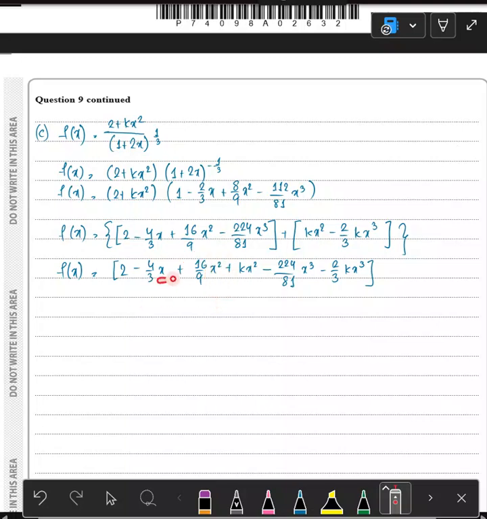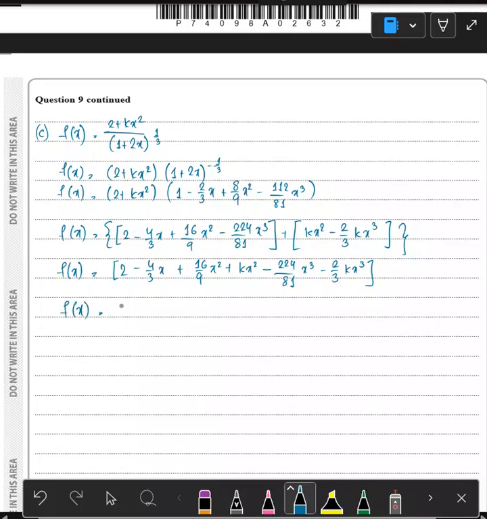So the coefficient of x is, for example, negative 4 by 3. The coefficient of x squared is positive 16 by 9. The coefficient of x cubed here, for example, is negative 224 by 81. Here I mean, not the expression. The coefficient of x cubed is different, but if I just say, for example, the coefficient of x is negative 4 by 3. So the coefficient is actually the constant that is getting multiplied with the variable, for example, x here, or x squared here.